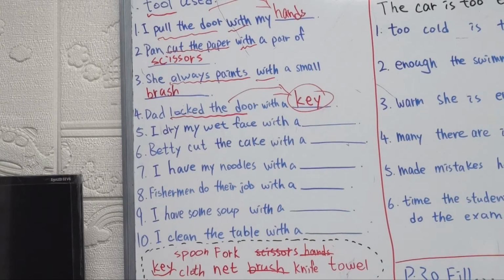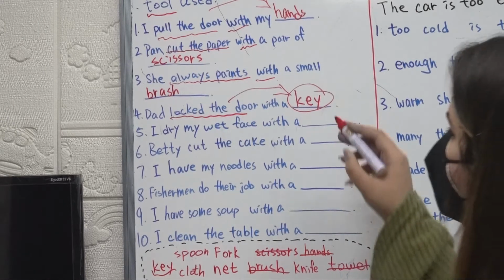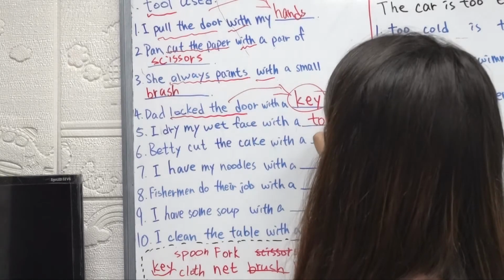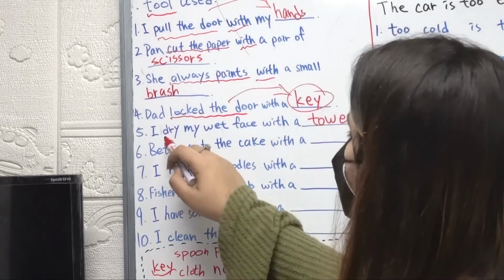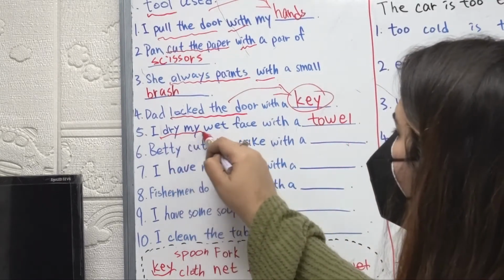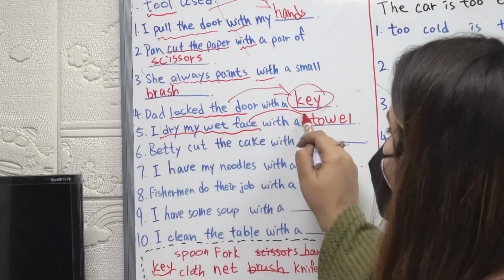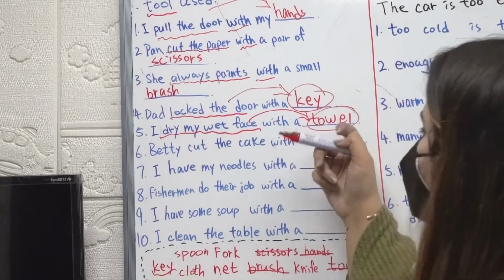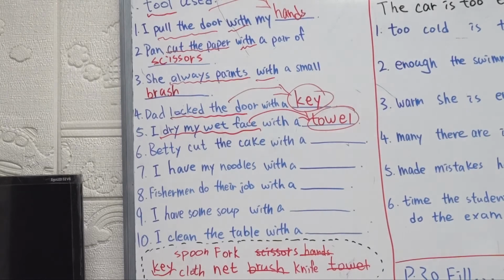Number 5. I dry my wet face with a cloth? Towel, yes. So the thing I use to dry my wet face is a towel. The tool I use here is a towel. Okay? Number 6.